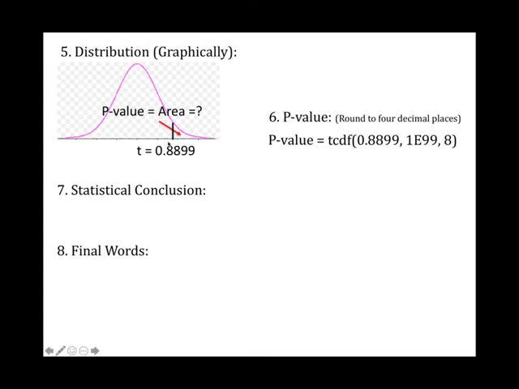Lower value, upper value, the smaller of n-1 here. You should get 0.1997. So use your p-value to compare with your significance level, which is going to be strictly greater than. So fail to reject.